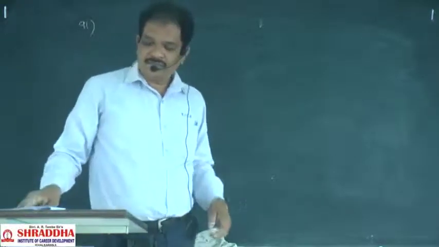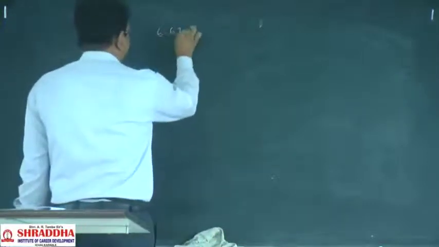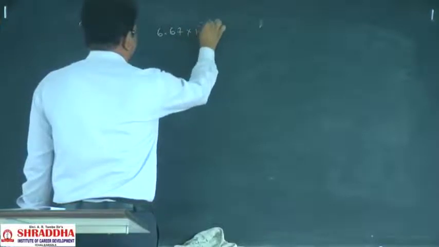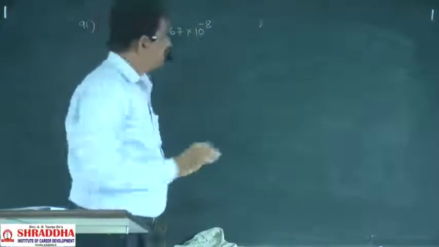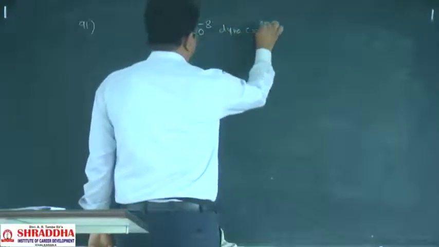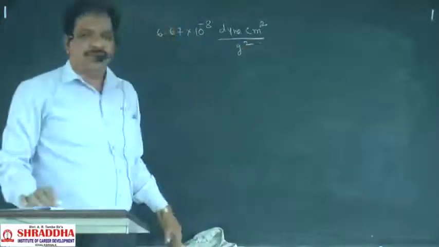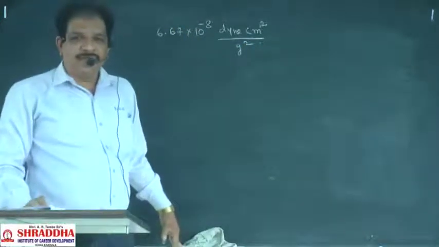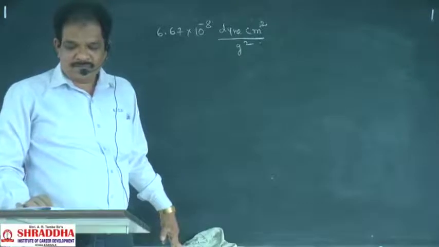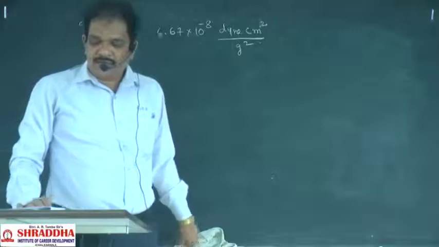Try to do. 6.67 into 10 power minus 8 dyne centimeter square per gram square. What is its value in SI system?